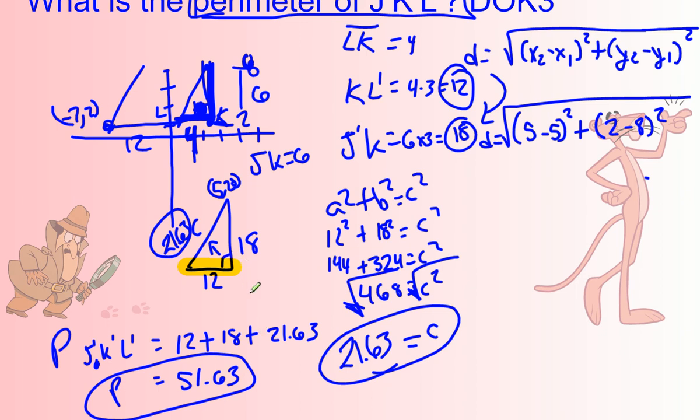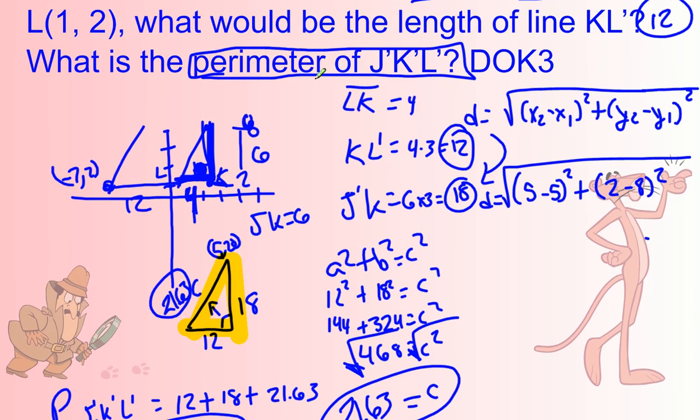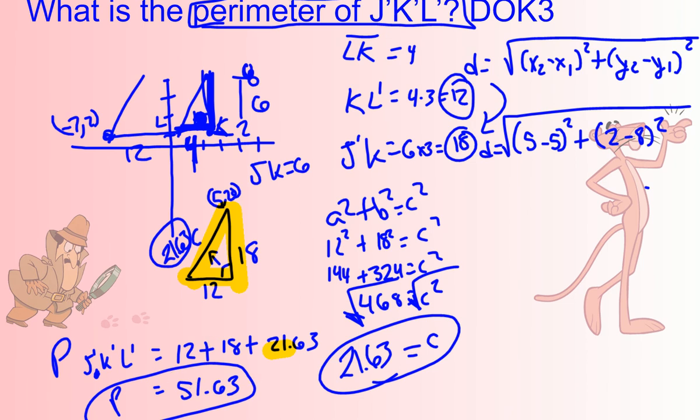So my next goal in my head was to find out how big these other two sides were so that I can add them together to find the perimeter. My driving goal was to find the perimeter. I needed the length of all the sides, so I did my work to find the length of all the sides. Now I can add them together, and there's my answer. The perimeter is 51.63.